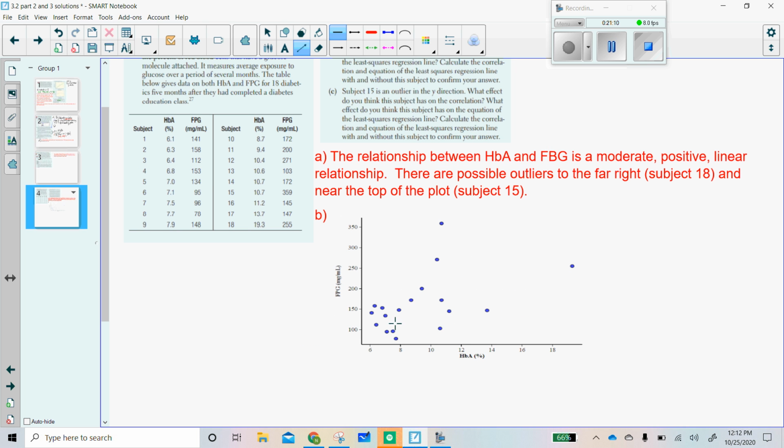So I'm going to draw a line. I think that with this point, the line is probably like something like this, maybe. And if that point was gone, I'm going to do a different color. If that point was gone, I honestly would imagine the whole line tilting a little bit.